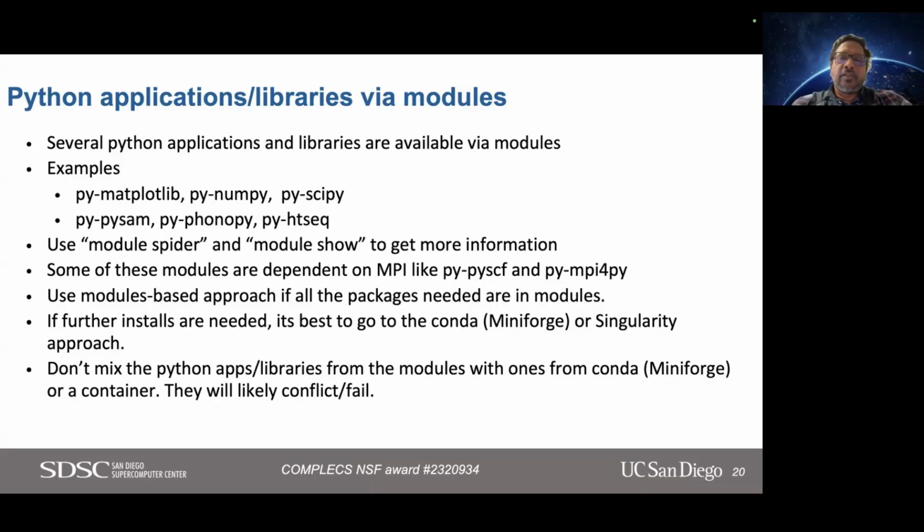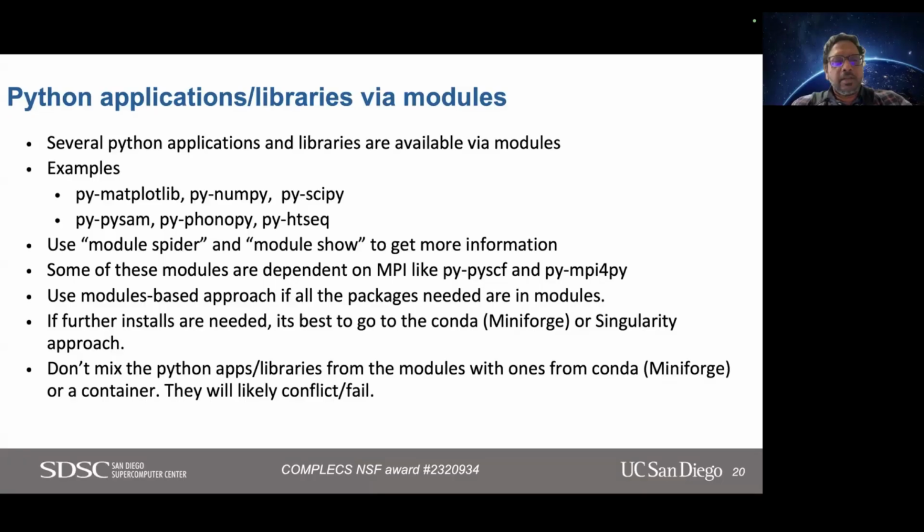But often what you'll see is either the modules are old, or you need a package that doesn't exist in this list, and it's not that easy to install. So we end up recommending you either go the conda route, where you can use Miniforge or Miniconda to do your Anaconda installation, or use the containerized approach.